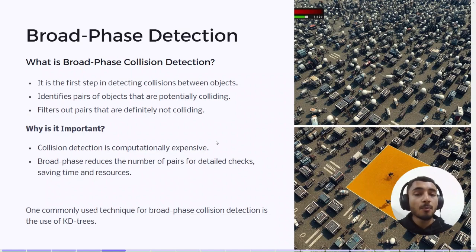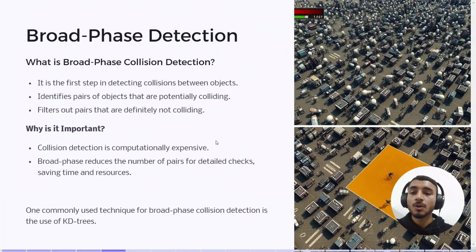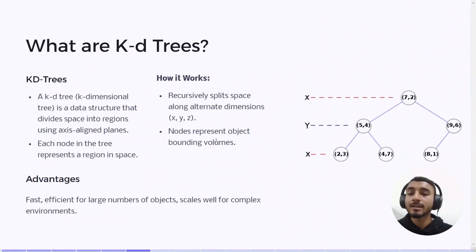One of the most used data structures is KD trees. So what are KD trees? KD trees are data structures used in broad phase detection to organize and divide space efficiently.